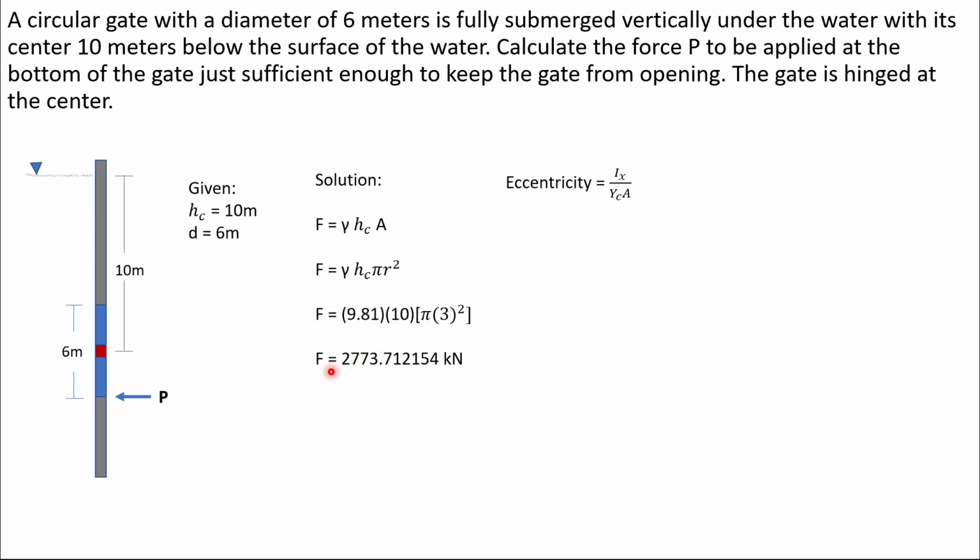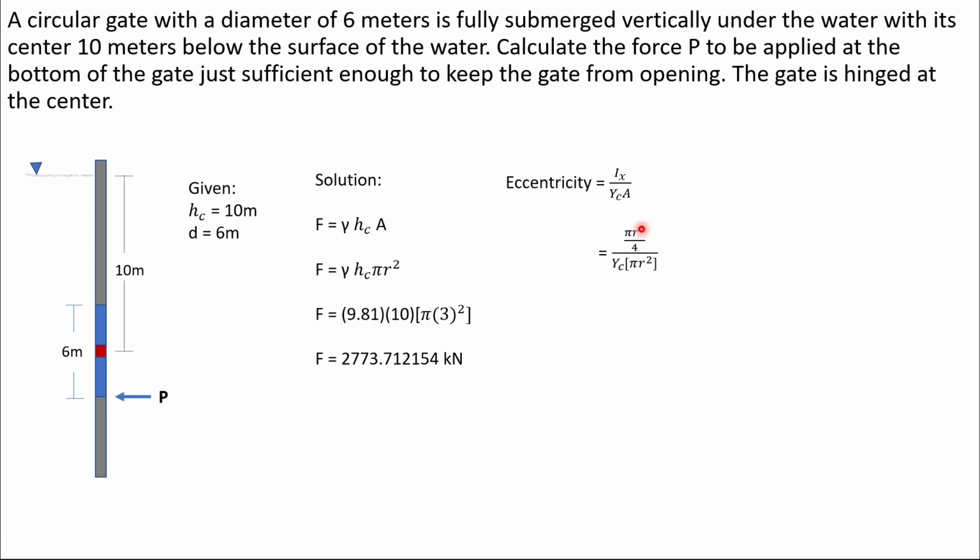So we all know that F is located below the center of gravity. So if we get the value of eccentricity, this means that it has a distance eccentricity right below at this center of gravity here.